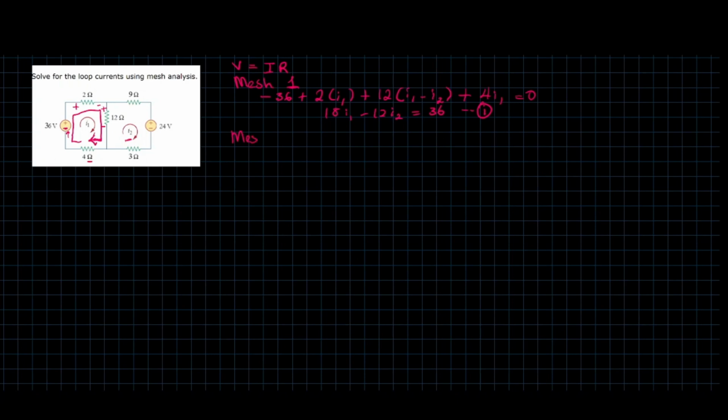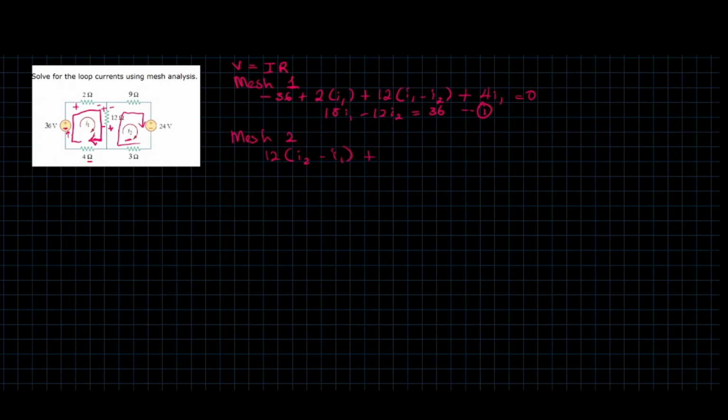Now for your mesh 2, you're simply just going to go around. In this case, the current is still going like this. So when you come here, here will be plus, here will be minus, because voltage still drops across the resistor, no matter where it is. So it's going to be 12. It's in between two meshes, but we are currently in mesh 2, so I2 minus I1.